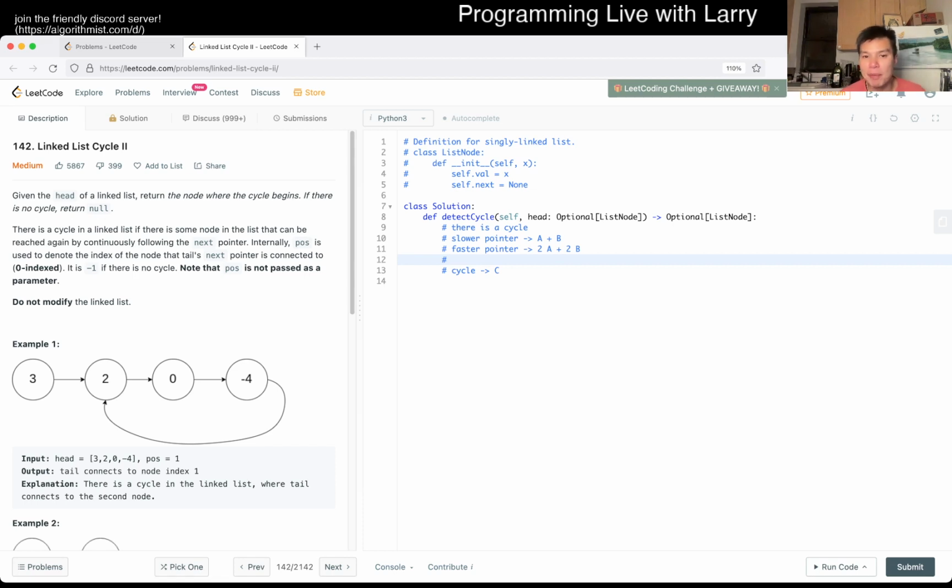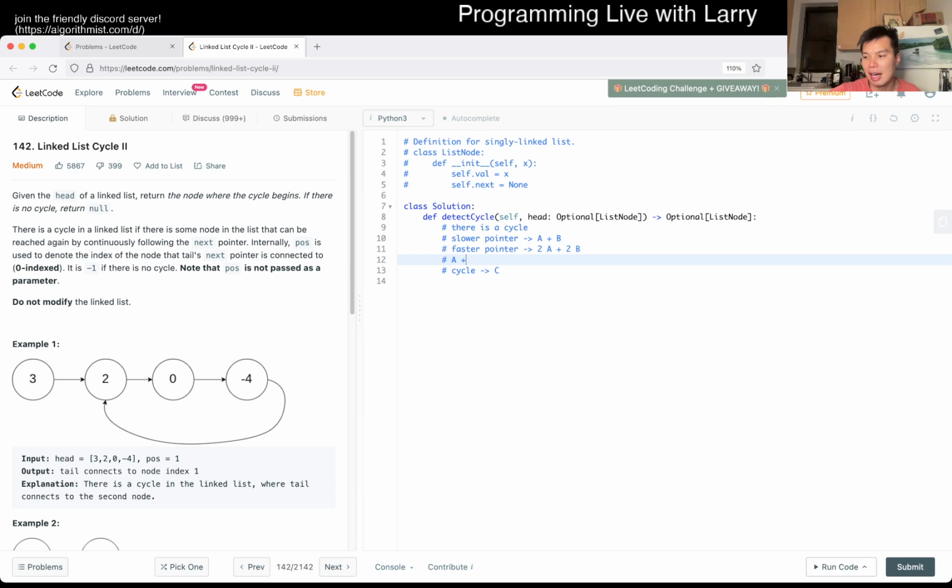so let's incorporate cycles into this. The idea behind this is, let me see if I can have my visualization up real quick. So this means that there is some head. The slow pointer moved A and then will be part of the cycle.